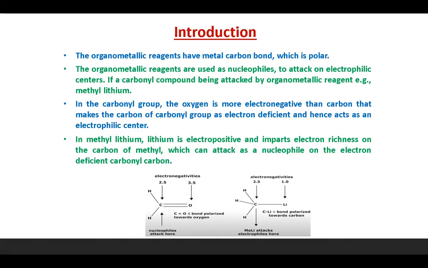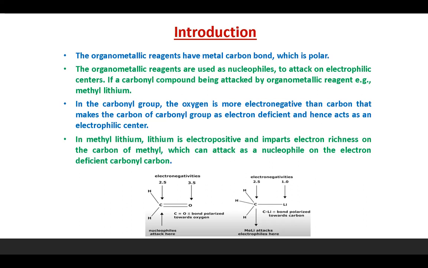Introduction. Formation of organic molecules is basically the formation of carbon-carbon single bonds, and one of the most convenient methods to do so is the use of organometallics, such as Grignard reagent and organolithiums. The organometallic reagents have a metal-carbon bond, which is polar.